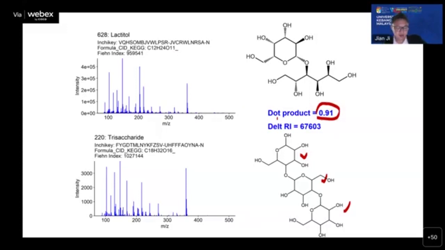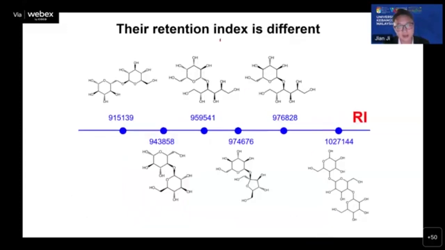This means that if we use only the EI spectra to annotate metabolites, we will get it wrong. Let's see what the difference between them is. Their retention index is different. The candidates' retention indices range from around 900,000 to 1 million.